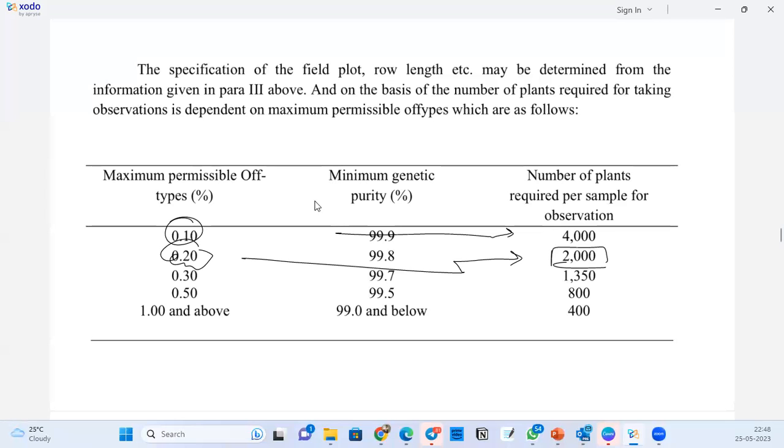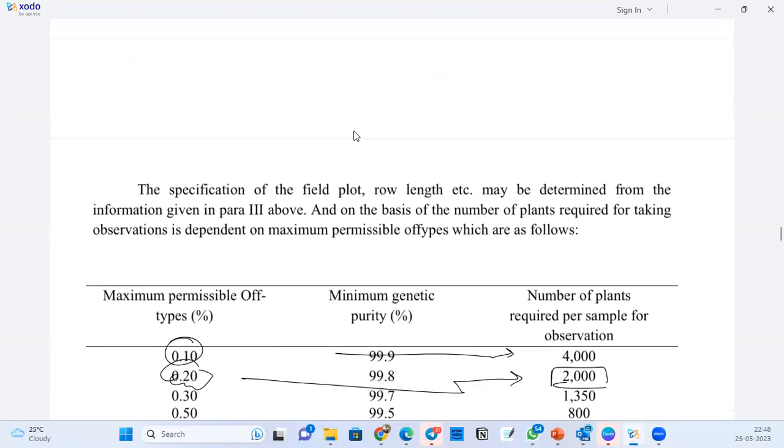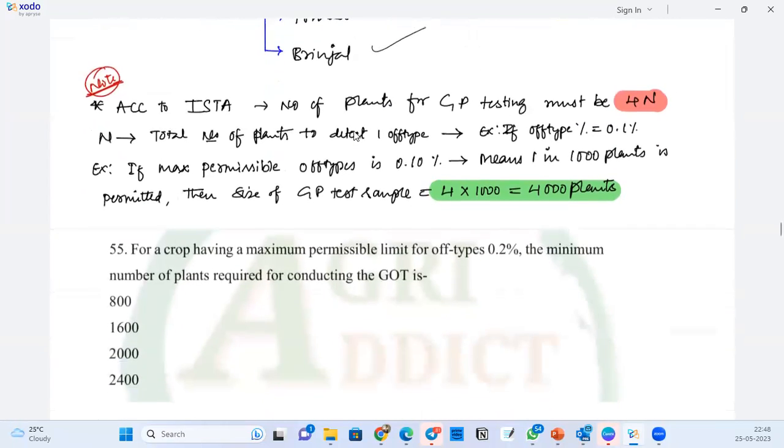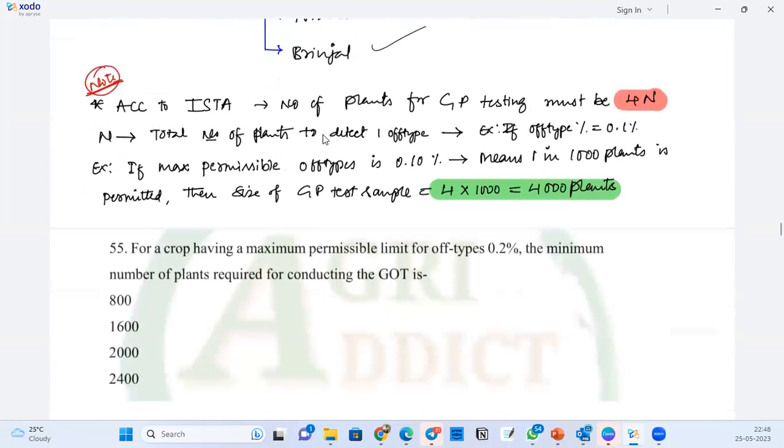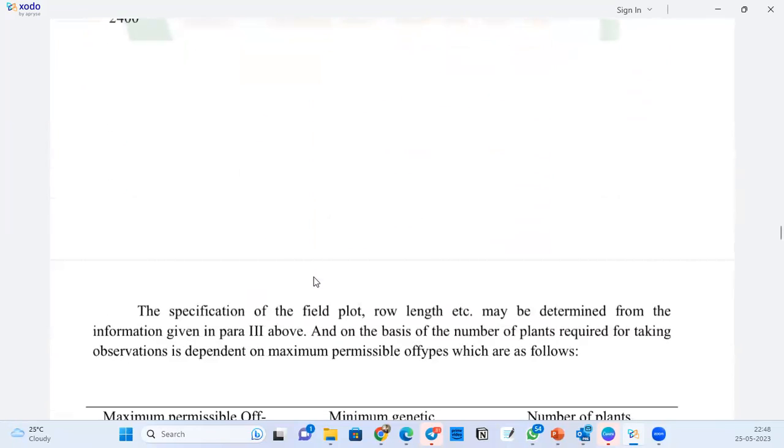But to calculate how many plants are to be observed, how it is fixed, we have a formula. According to E star, the number of plants for genetic purity testing must always be equal to 4n, where n is the total number of plants to detect one off type. For example, we have 0.2% off type.